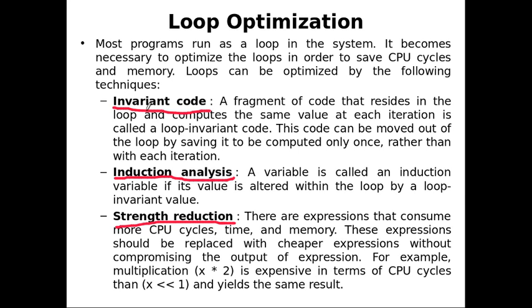Invariant code means: if this is our loop, and these two instructions, this fragment of code, have the same value for each and every iteration. Assume your loop executes 15 times.